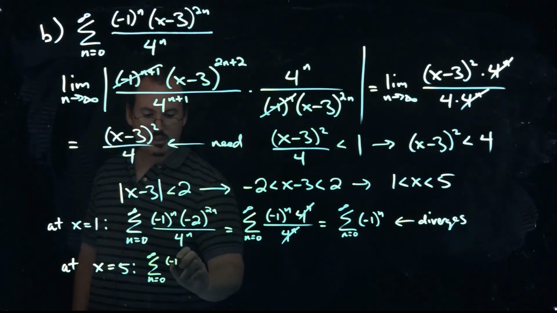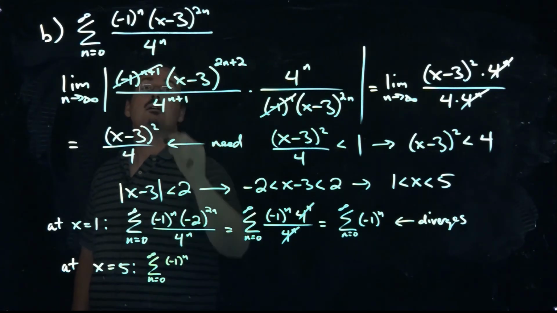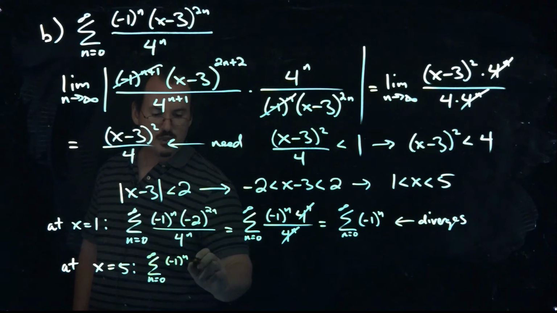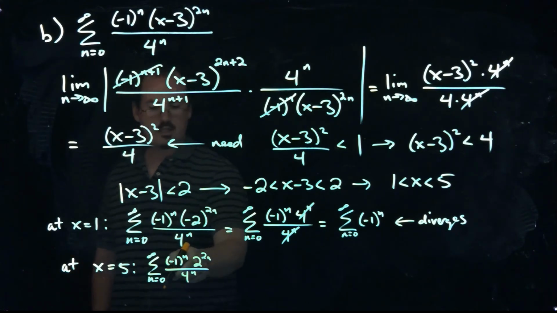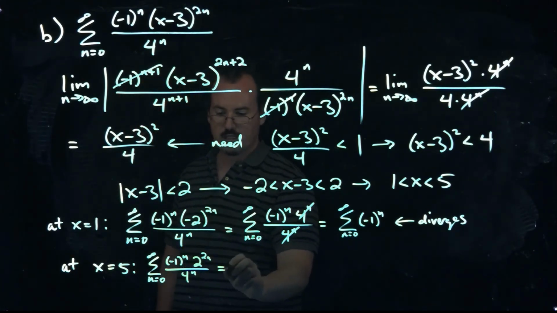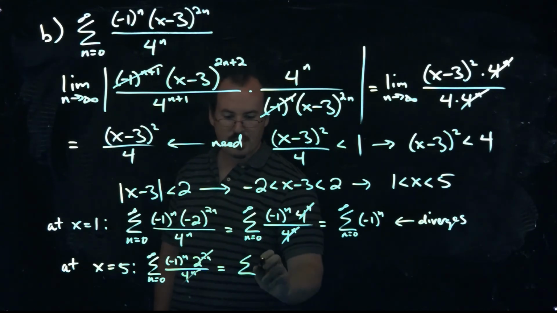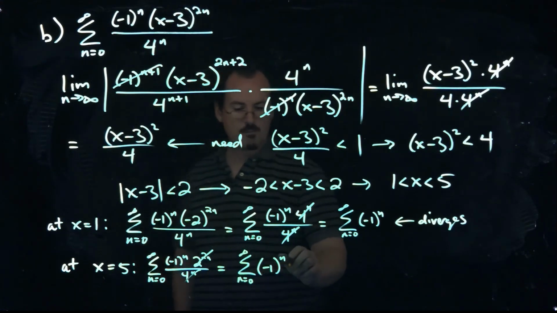So I have minus 1 to the n, that's 2 to the 2n over 4 to the n. And again, that is exactly the same thing. 2 to the 2n is the same as 4 to the n. So basically that cancels with that. And so I'm left with this, which is the same thing that I got at the other endpoint. And so that diverges as well.